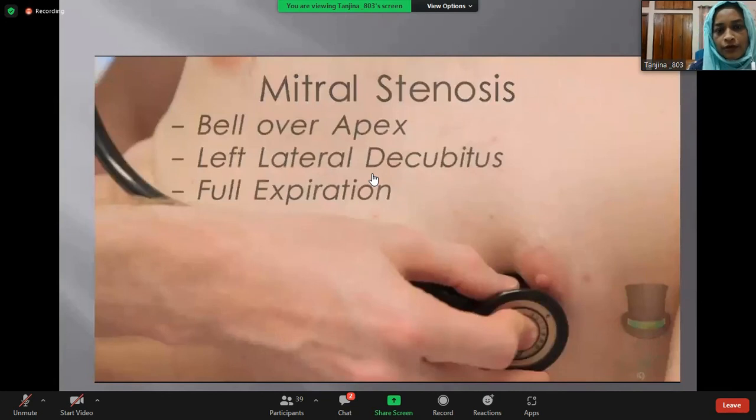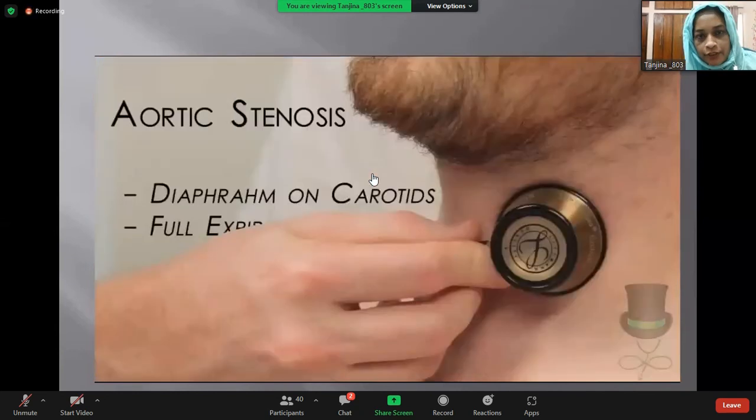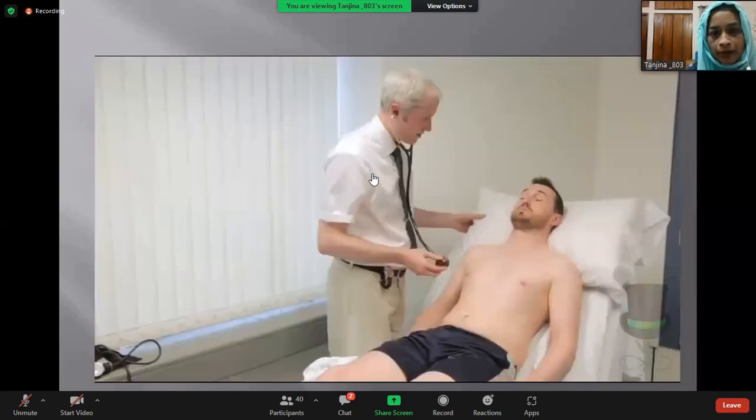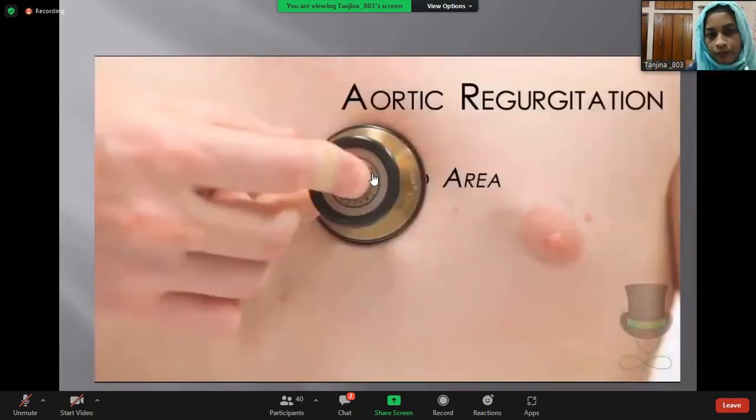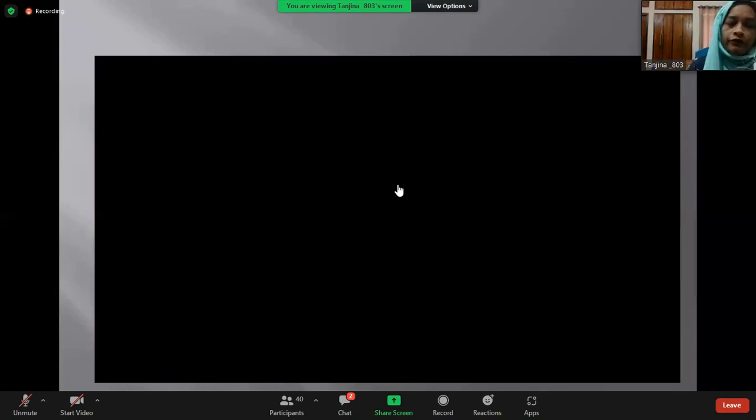And see any radiation present in aortic stenosis. In aortic stenosis, the murmur radiates to the carotid arteries. Then in the leaning forward position, auscultate the aortic space to check for an aortic regurgitation murmur. Is there any aortic regurgitation murmur present or not?